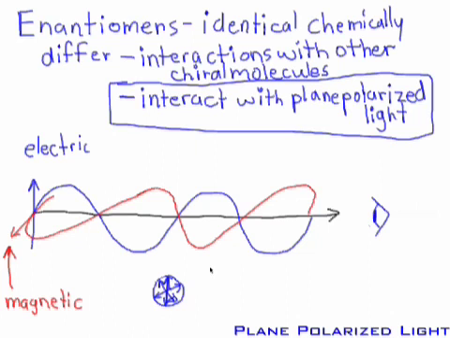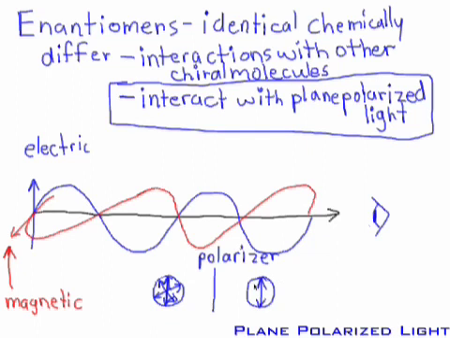But we can pass this light through a filter. The filter is called a polarizer. The polarizing filter is designed to block out all electric field oscillations except those in one plane. So when the light passes through and it emerges, the beam of light is oscillating in one plane because that's the only light that can pass through this material.